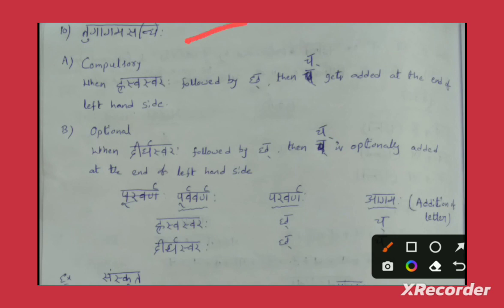What is a Tugagama Sandhi? We'll see the definition and examples. In Tugagama Sandhi, there is a first case which is compulsory and a second case which is optional. What is the mandatory case? When a Hrasva Swara, a short vowel, is followed by Chakara, then Chakara will get added at the left hand side.